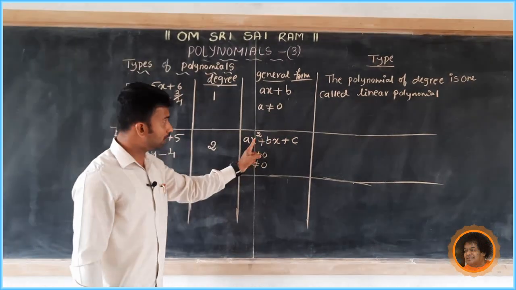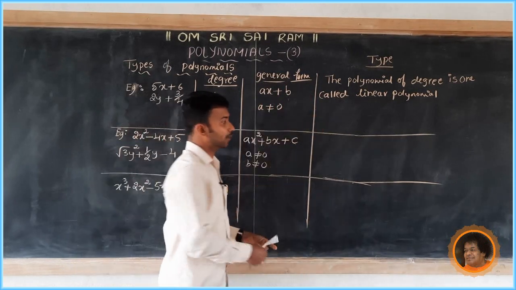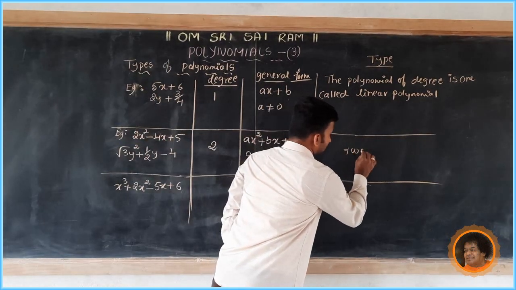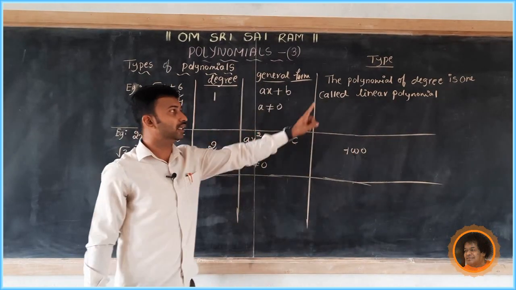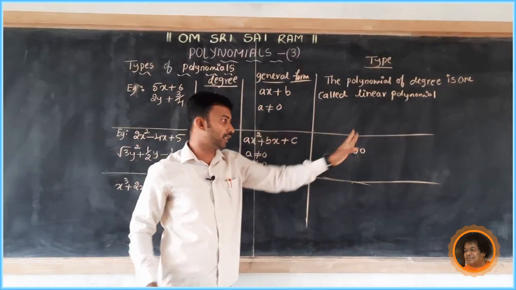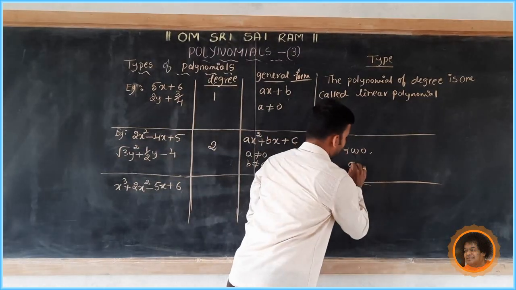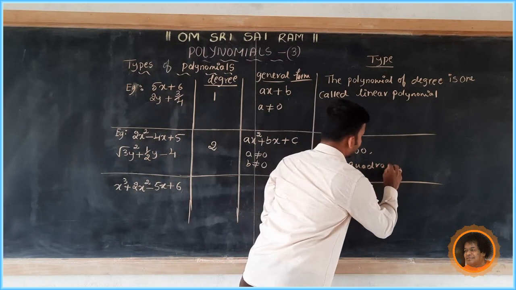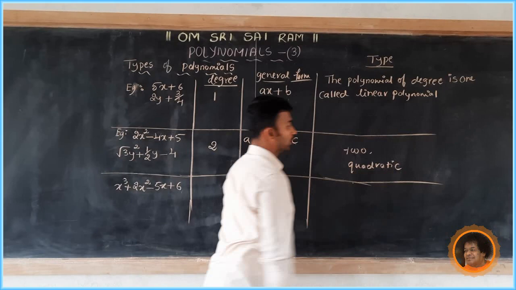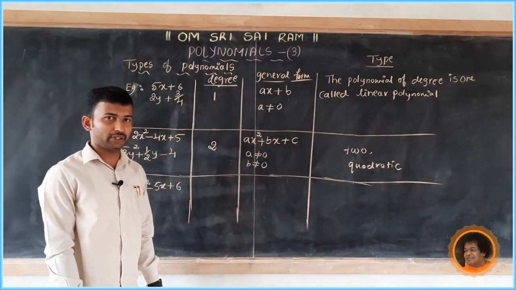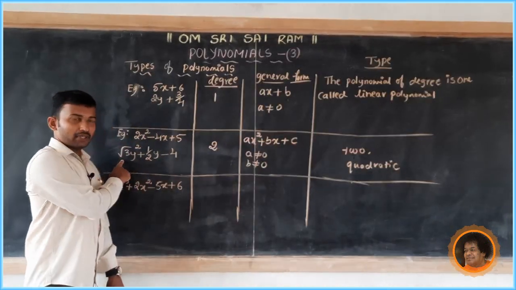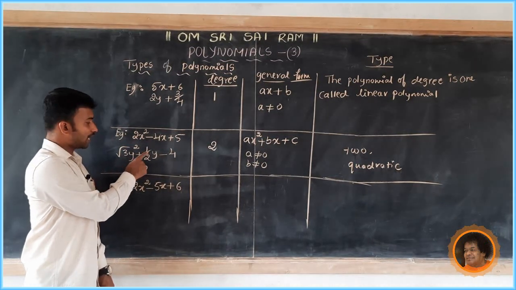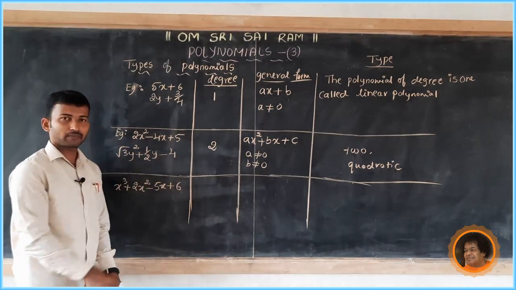Therefore, the polynomial of degree 2 is called quadratic polynomial. Degree is 2 and the type is quadratic polynomial.